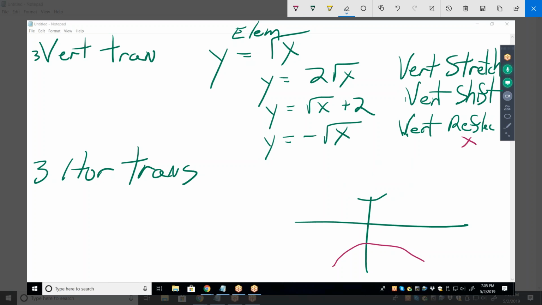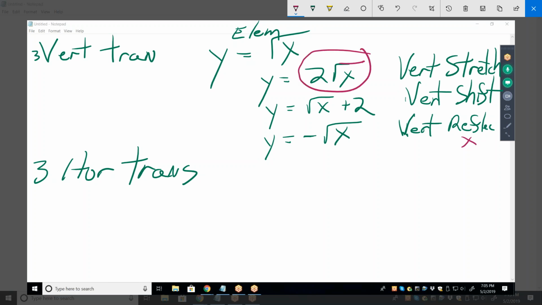Those are the 3 vertical. Now notice what causes that to be vertical: it is outside the function. Root x is the function. That 2 is outside the function. This is vertical because it's outside the function. And this is vertical because it's outside the function. So all verticals are outside the function.